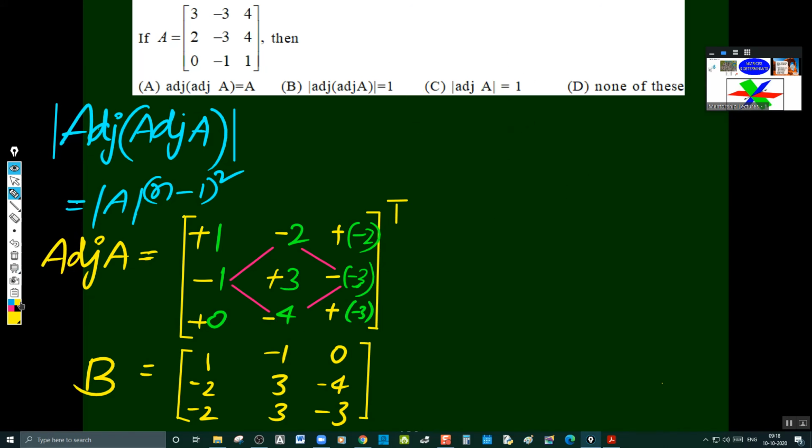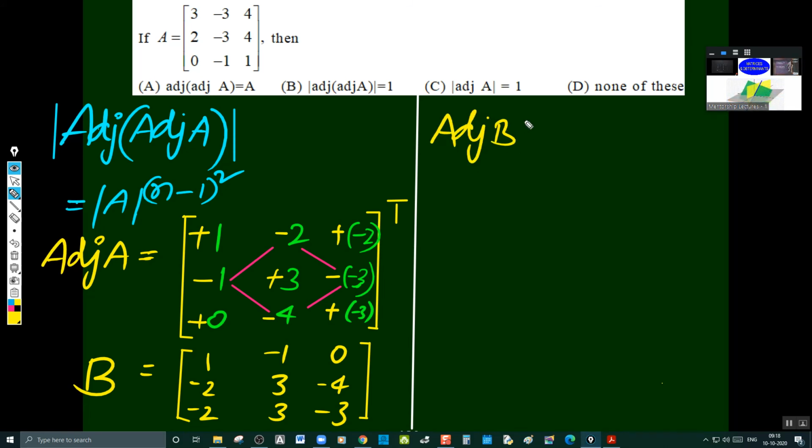Now I need adjoint of B. Write the transpose first, otherwise you will forget.